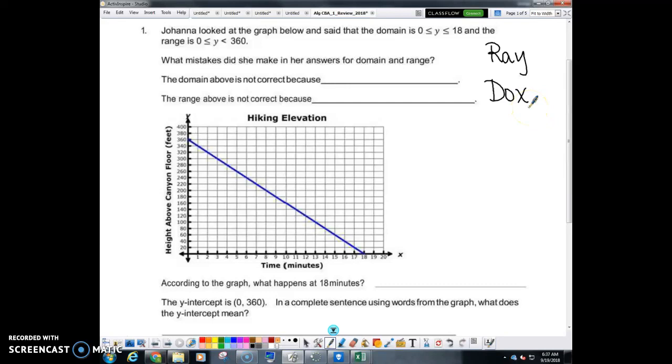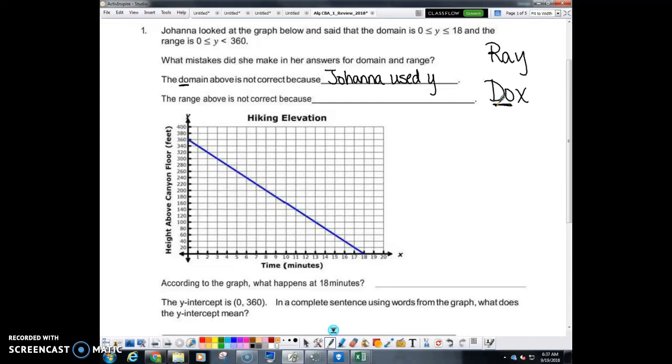So the domain above is not correct because Joanna used y. That's all you have to write. The domain above is not correct because Joanna used y instead of using x, because our domain is x.